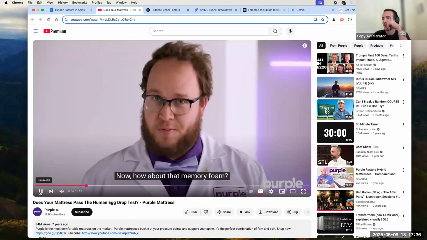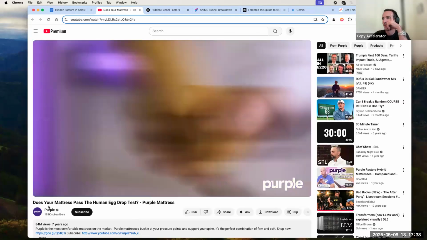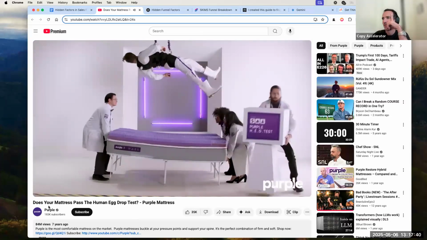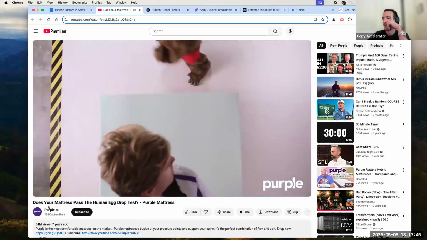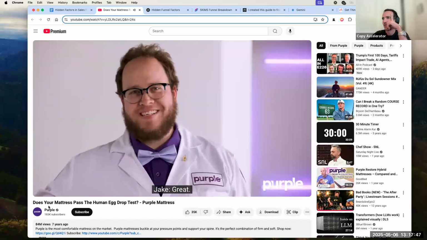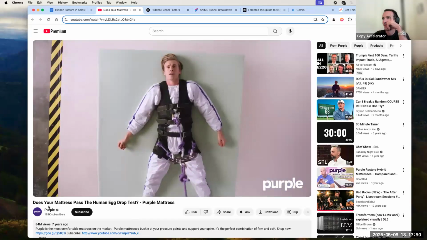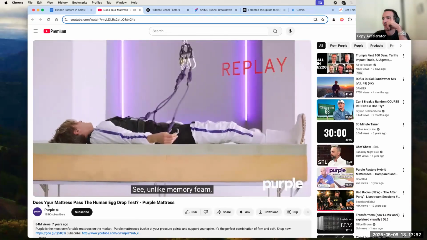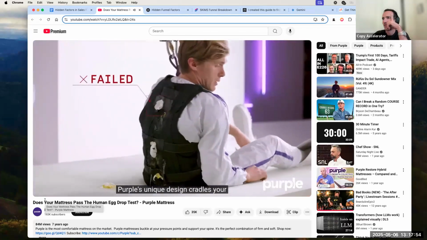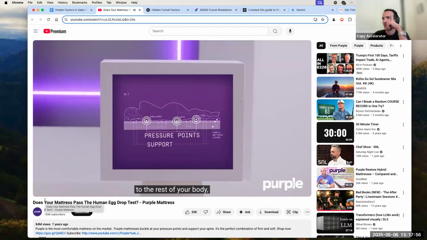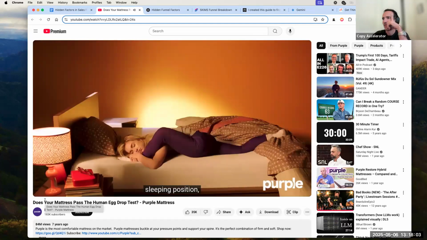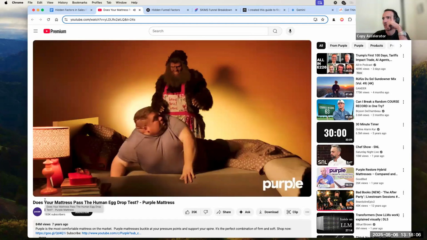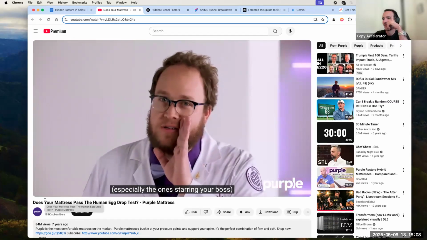Now, how about that memory foam? Take her up. Ready, Billy? Great. See, unlike memory foam, Purple's unique design cradles your pressure points and redistributes support to the rest of your body, leaving your spine properly aligned. So no more back pain, no matter your body type, sleeping position, or frequency of nightmare. Oh, gee! Especially the ones starring your boss.